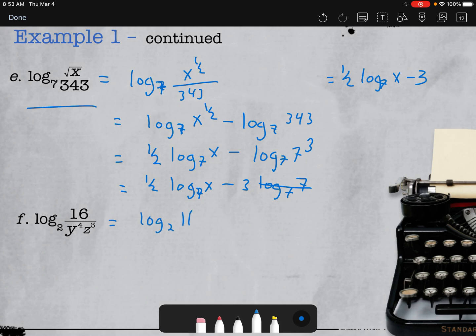Okay, what about F? Okay, that's pretty standard, right? Well, 2 to the fourth is 16.